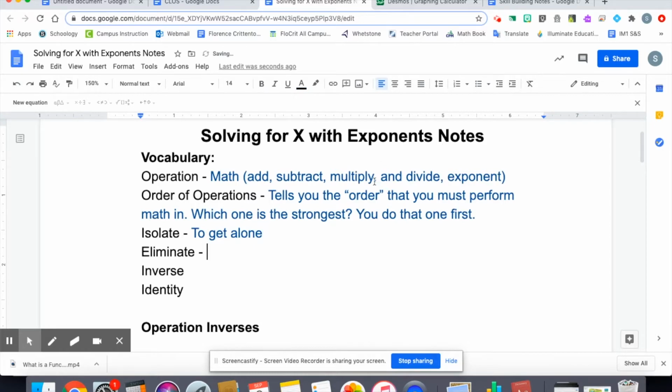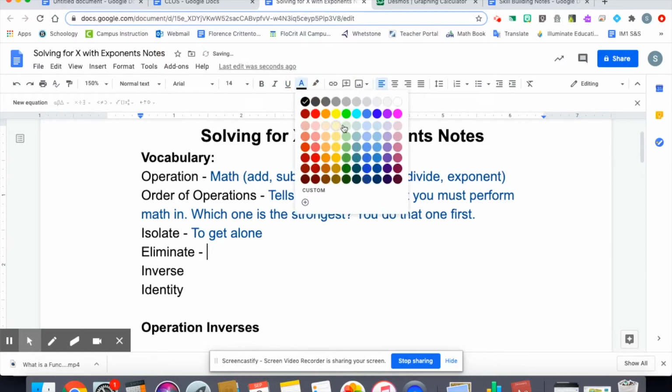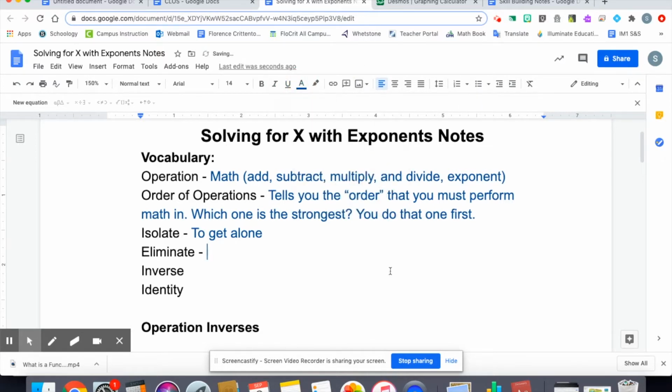In order to get that variable alone, we have to eliminate all the things around it. Eliminate means to cancel out or get rid of. So we're going to eliminate things that are around x and make them go away so that we can isolate x to get it alone. I told you in order to eliminate things, we're going to use backwards order of operations.